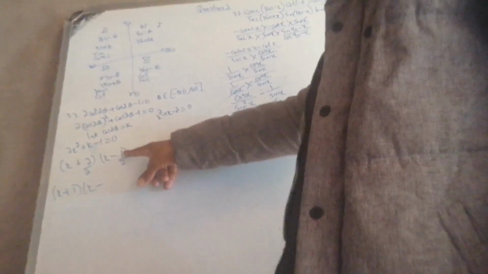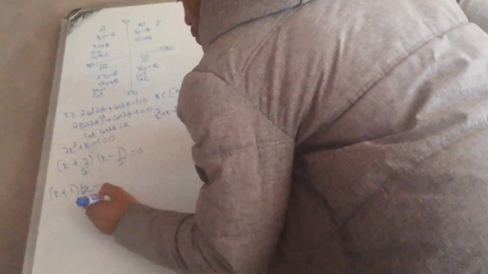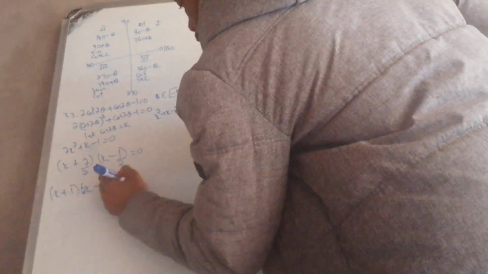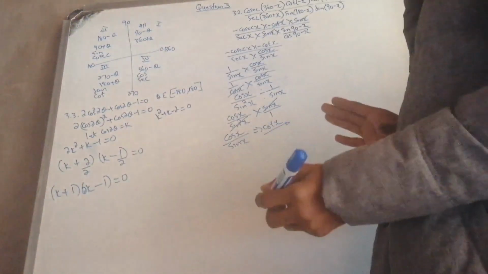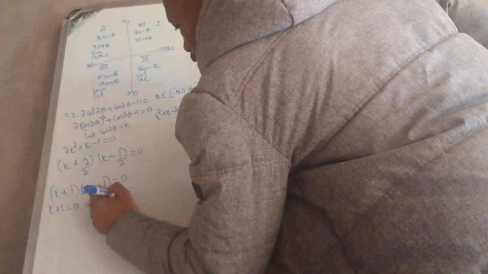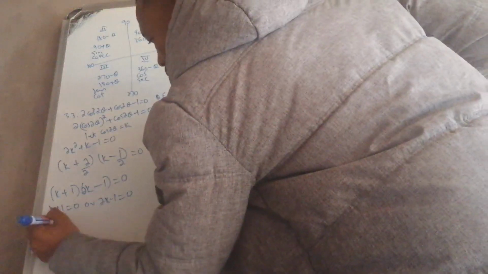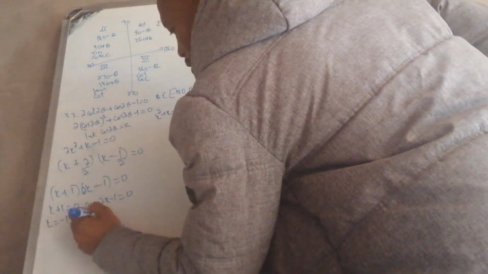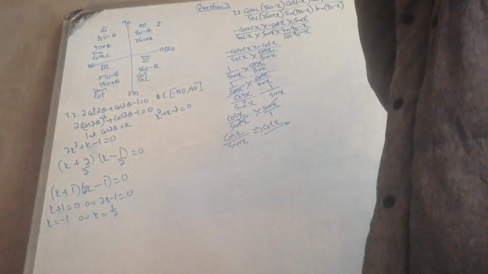K plus 2 divided by 2 is 1. K minus, because 2 cannot go into 1, you take that 2 and you multiply k. So you'll have 2k, and then you write your minus 1 equals 0. And then you solve when you are here. K plus 1 equals 0, or 2k minus 1 equals 0. K equals minus 1, or k equals 1/2. But I know that k is cos 2 theta.